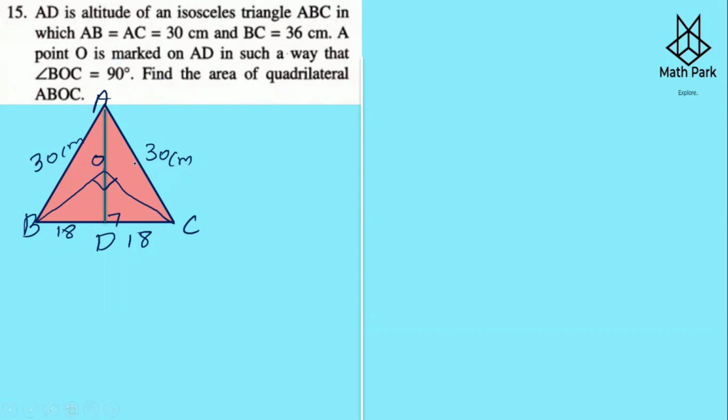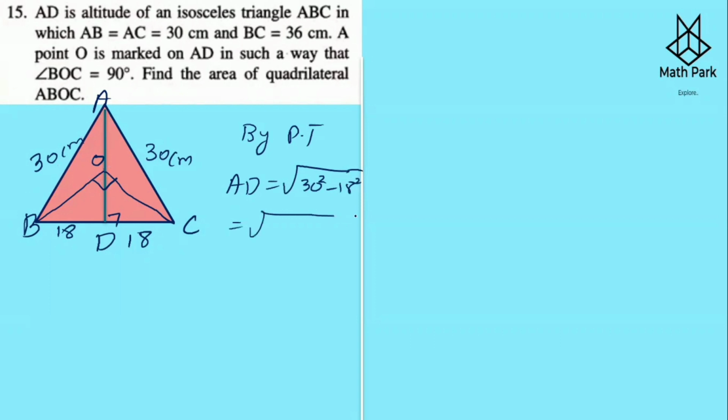Now the area of this quadrilateral ABOC is going to be area of triangle ABC minus area of triangle BOC. To find the area of triangle ABC, let us first find the altitude AD. By Pythagoras theorem, AD is equal to square root of 30 square minus 18 square.